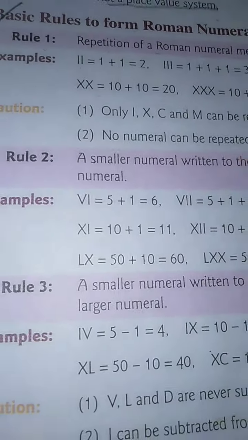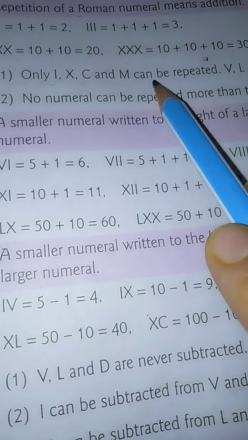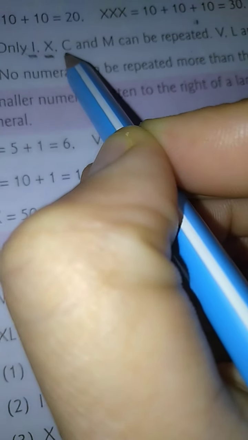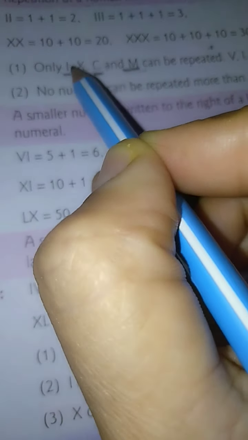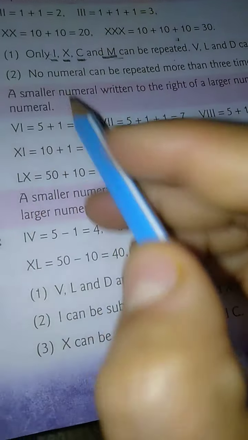If triple X, then 30. Not more than that. Now there's a note that only I, X, C and M can be repeated. There are only 4 Roman numerals that can be repeated, that is I 1, X 10, C 100 and M 1000. So only these 4 can be repeated, nothing else.